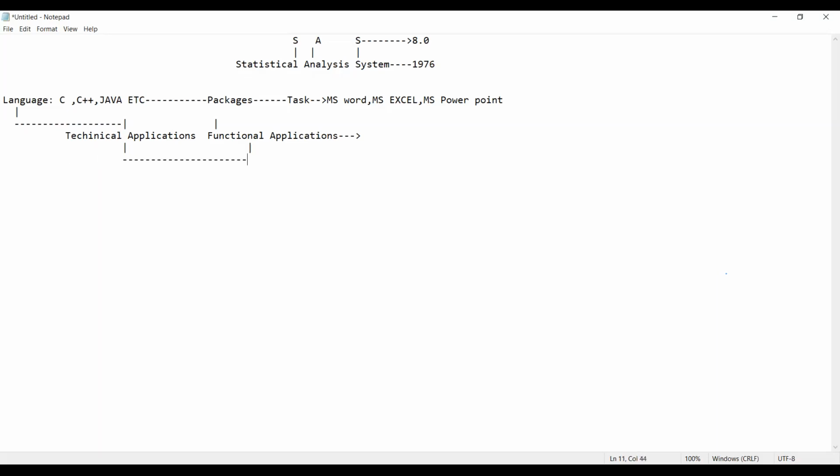If the technical applications and functional applications are combined together, these kinds of applications are called techno-functional applications.